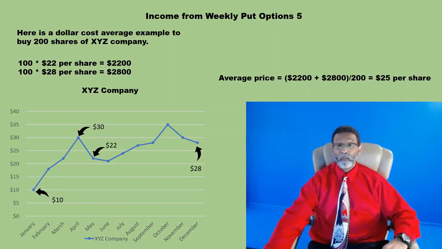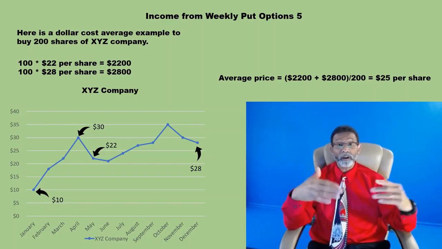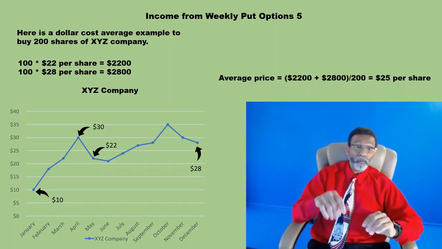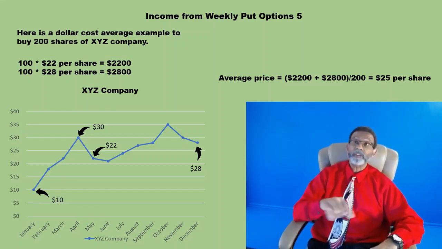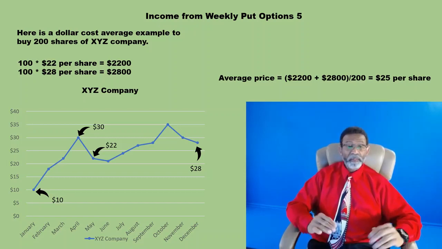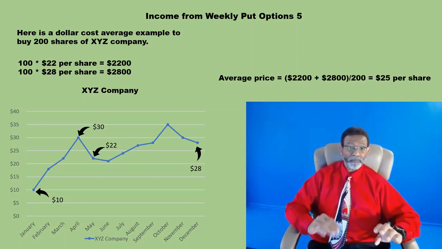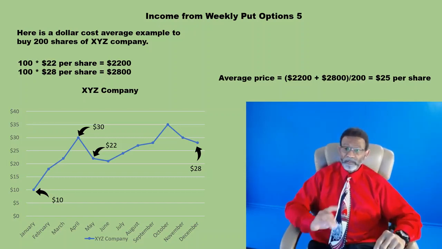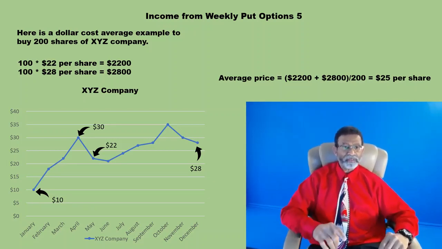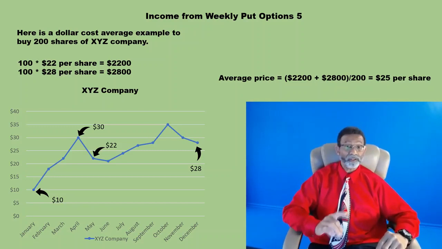Now, with put options, you can do dollar cost averaging also. Here's a dollar cost average example where you're buying 200 shares of XYZ company. Now notice that the put options are at different strike prices. One of the strike prices here is for the $22 strike price, and one is for the $28 strike price.